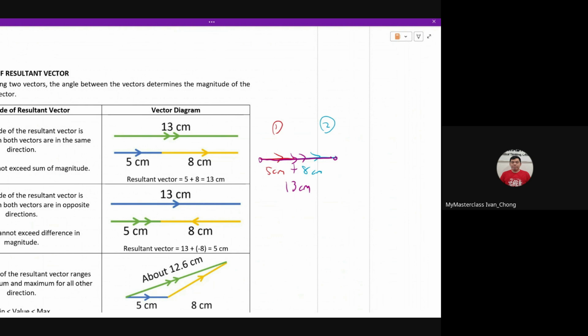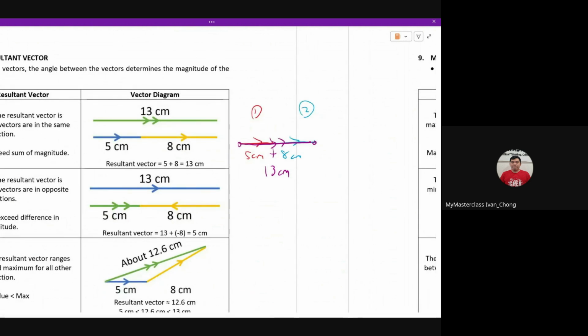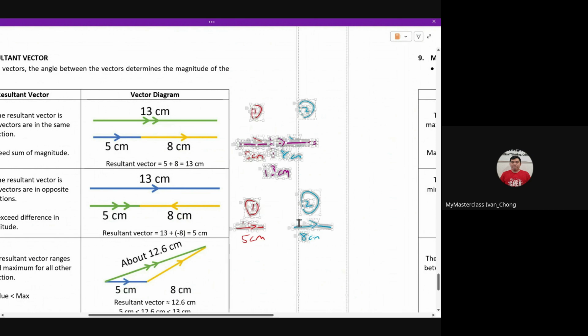And if you want to have the smallest possible value, for example, if we still use the 5 and the 8, the easiest thing that we can do is you just change the direction of your first or your second vector itself.